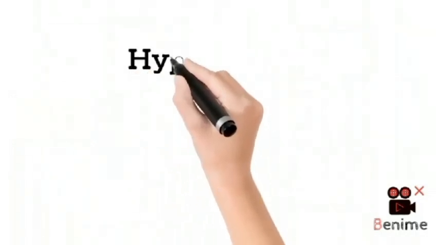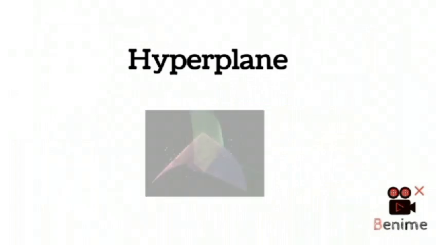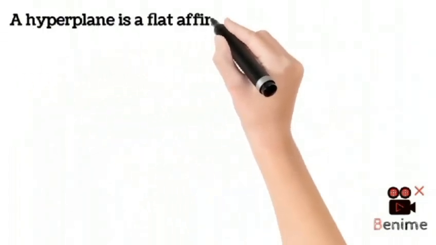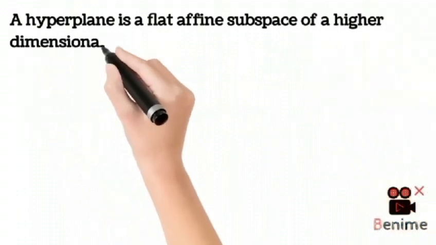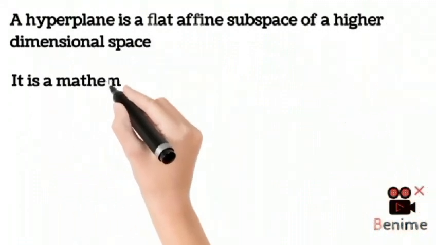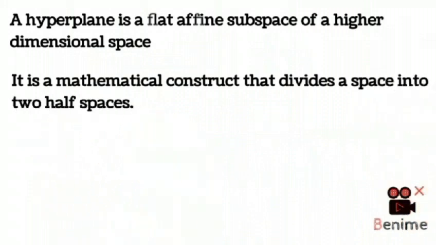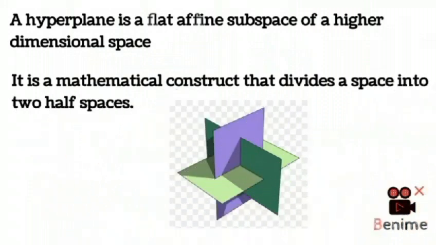Now we will discuss hyperplane. In economics, hyperplane plays an essential role in convexity theory. Basically, a hyperplane is a flat affine subspace of a higher dimensional space. It is a mathematical construct that divides a space into two half spaces.